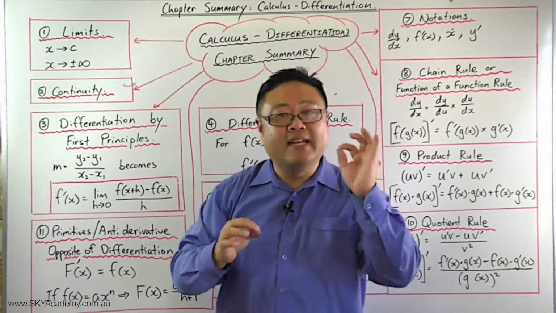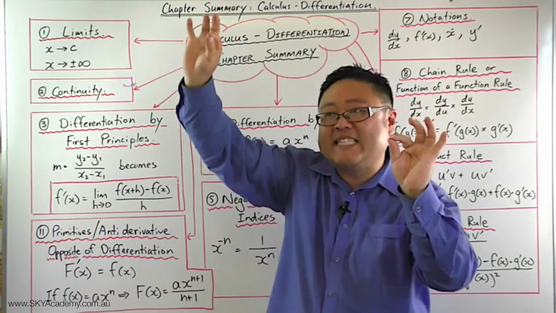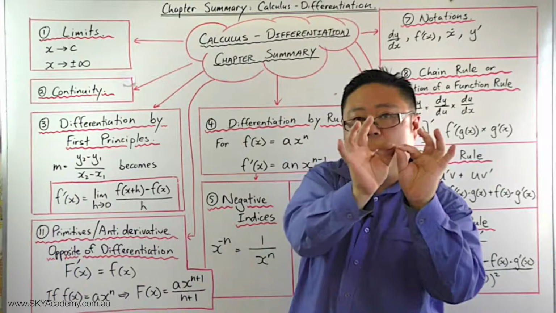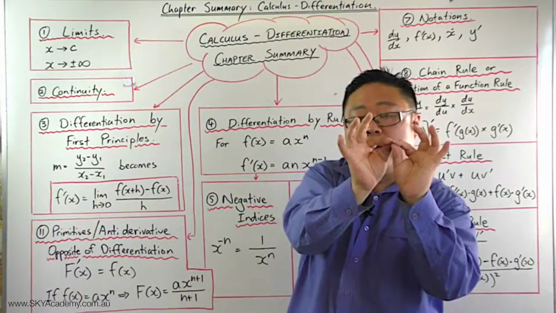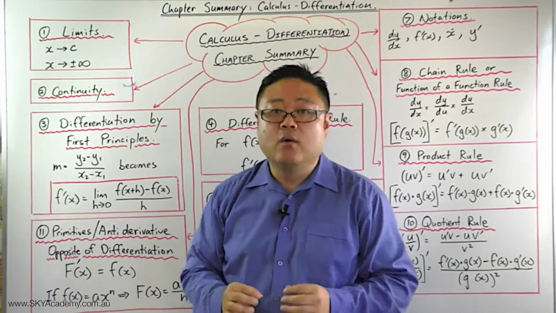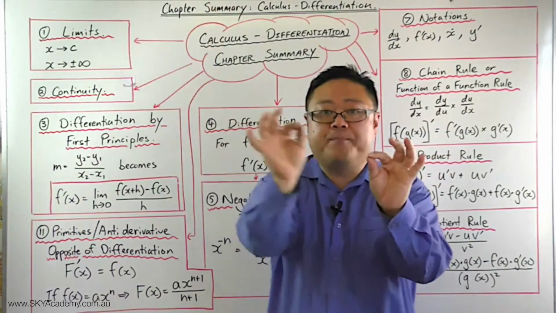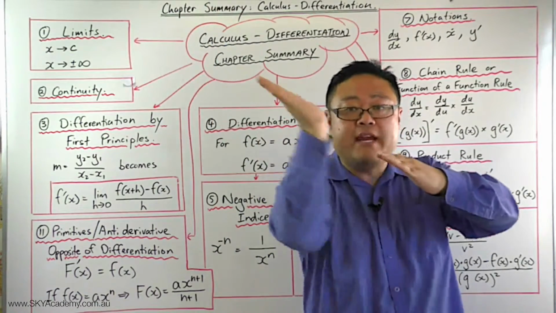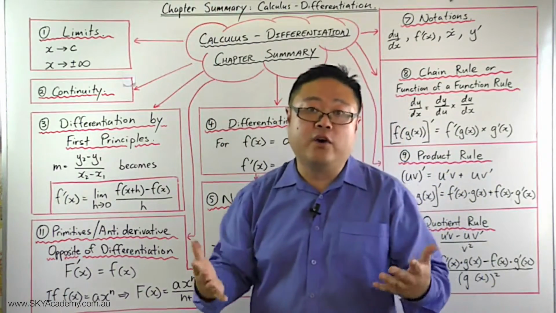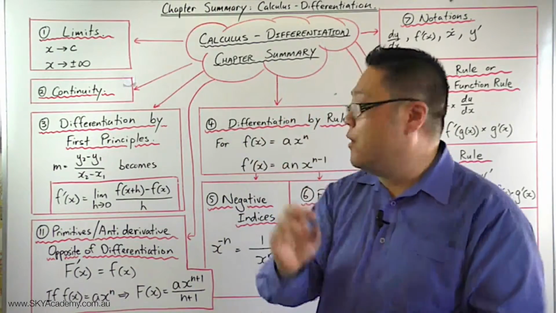So we need to find the gradient between 2 points and slide that second point all the way to the point where it meets the first point. That's really what differentiation is about, and when we do that, we can find the gradient, or the tangent, of a curve at an instantaneous point on that curve.